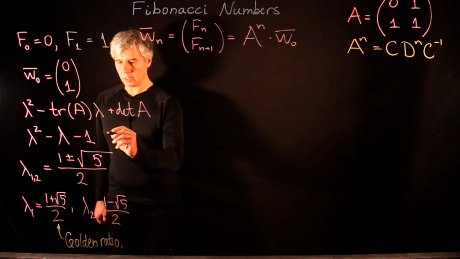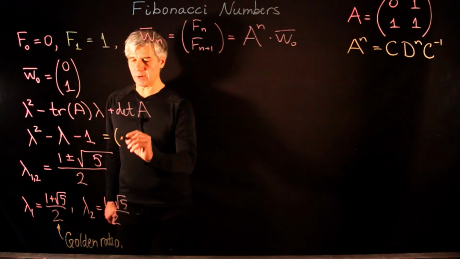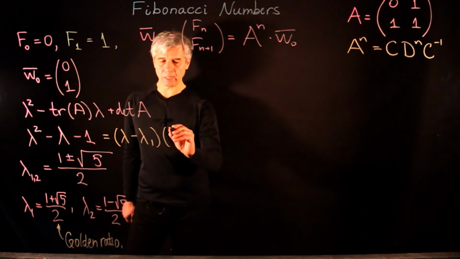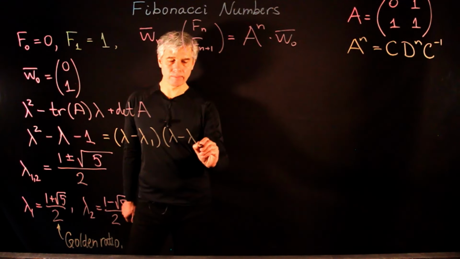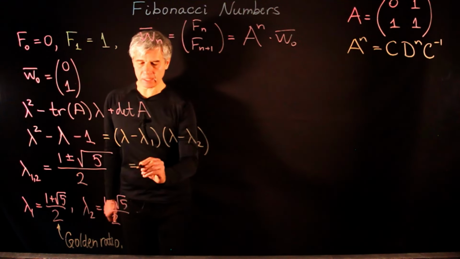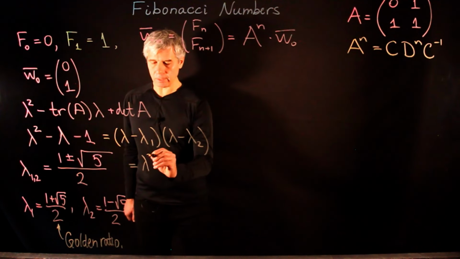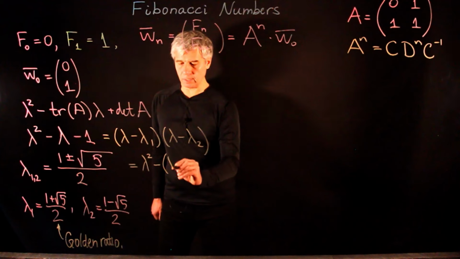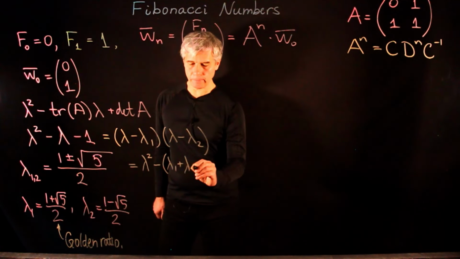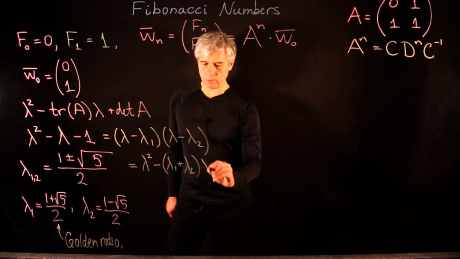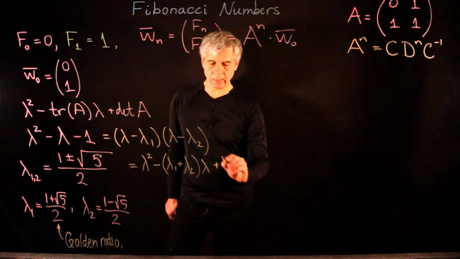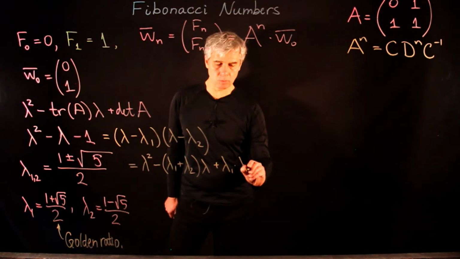Since we know the roots, this characteristic polynomial may be factored. It's lambda minus lambda 1 times lambda minus lambda 2. If we expand this, we get lambda squared minus, the coefficient at lambda will be lambda 1 plus lambda 2, and the constant term will be lambda 1 times lambda 2.